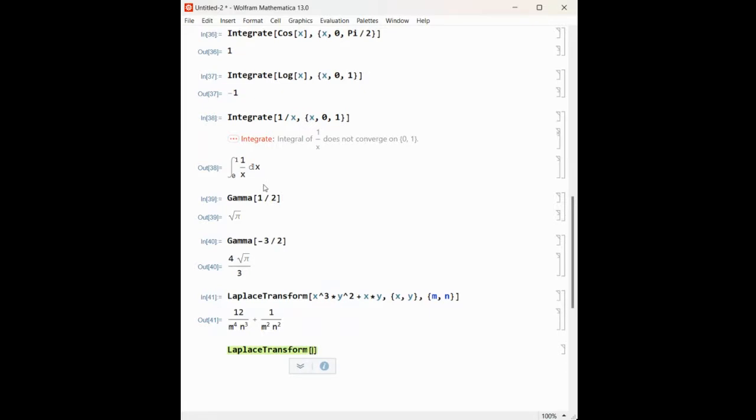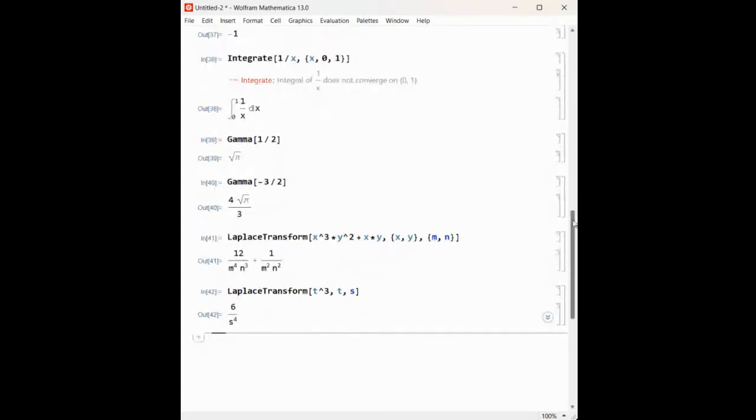For example, if we have Laplace transform of t cubed, what will this give us? Just write your t and then write, for example, s, to give us what we know. So pretty easy to use. Pretty simple.